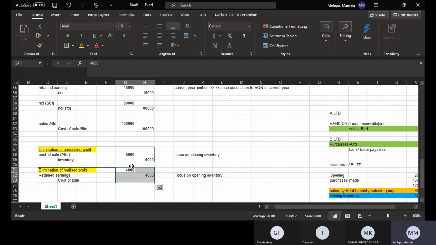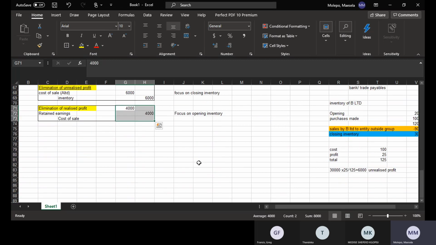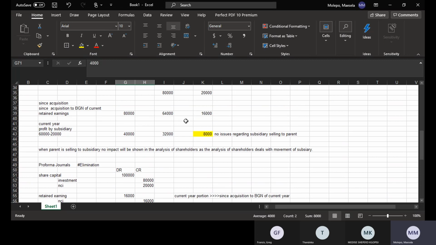So we less that 4,000 from the 120 of the parent. Then we add the profit realized by the subsidiary alone from the analysis of shareholders, that's 64,000, because this was the profit done during the retained earnings at the beginning of the current year from the subsidiary point of view. So we're going to add it there. And then we get our total of 180,000.